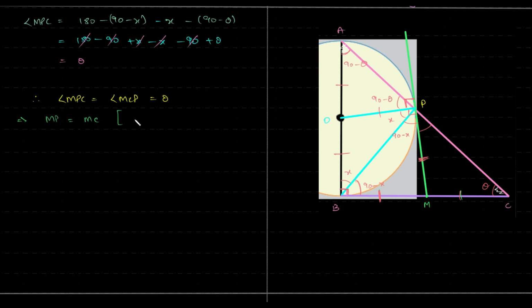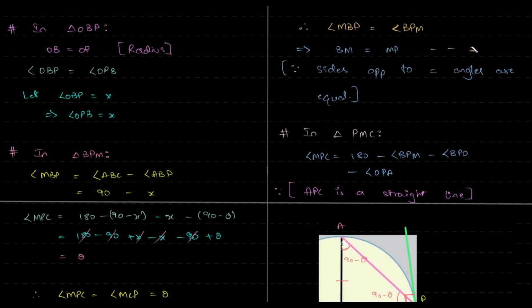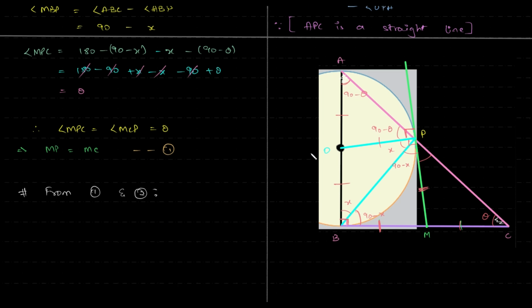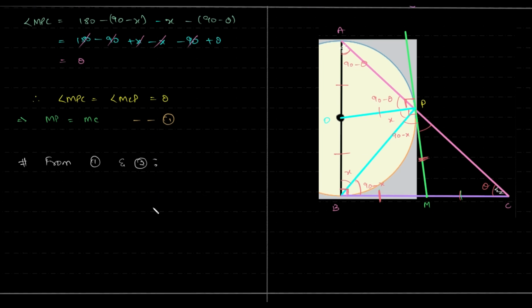This is because of the reasoning we have already written once, that's enough. So we'll call this as 1 and 2. We'll call this as 1. Where is the 2? This is 2. And from 1 and 2, what do we have? We have all of them to be equal to each other. And so we have the answer. Again, thinking wise, it's very simple if you have a very good diagram. But writing wise, it's lengthy.